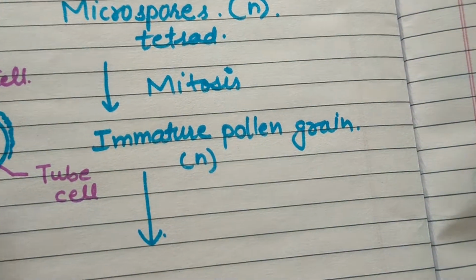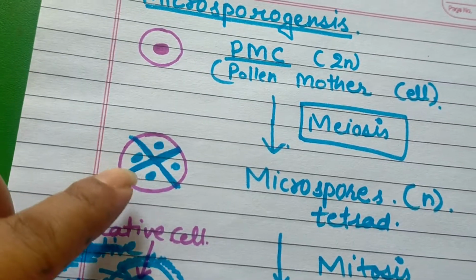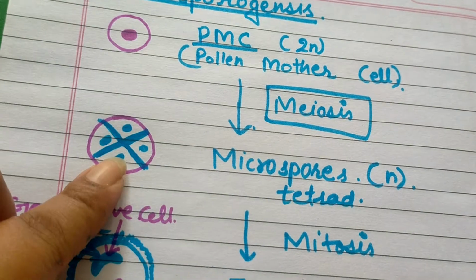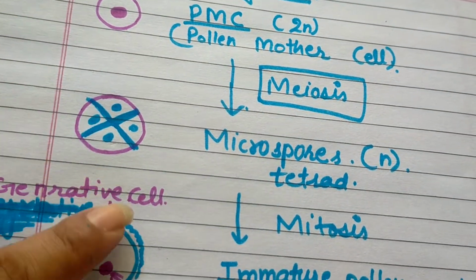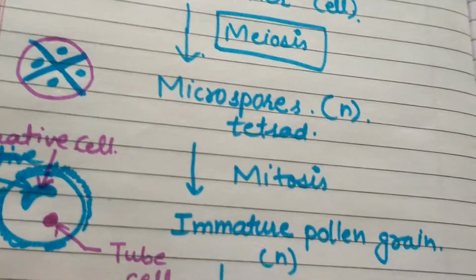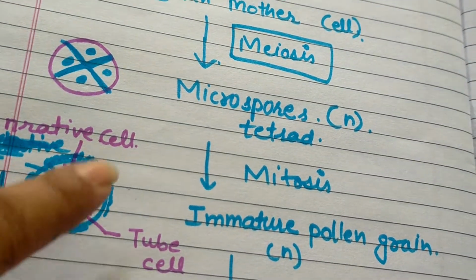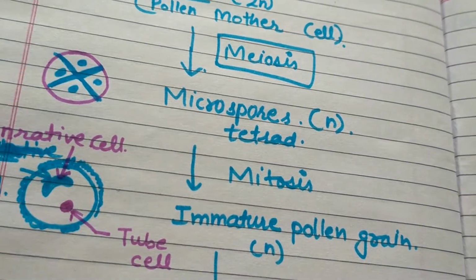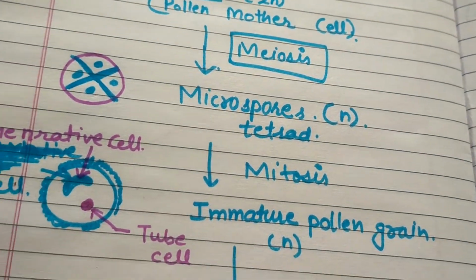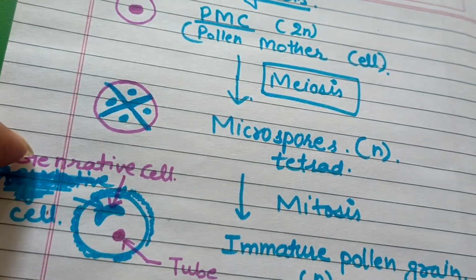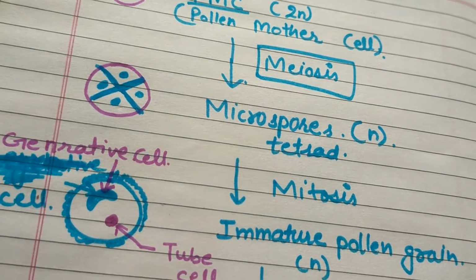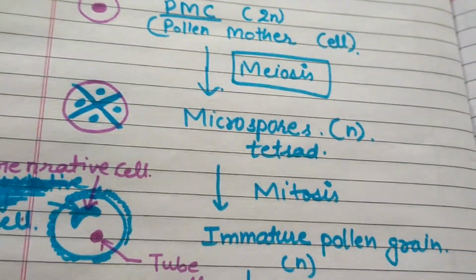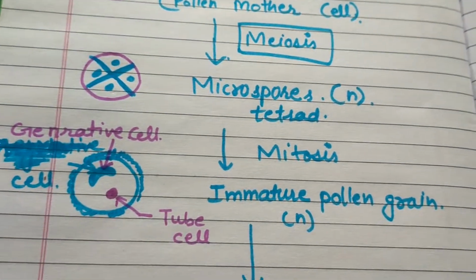What happens actually is that in each cell of the microspore, the nucleus undergoes division and forms a generative cell and a tube cell. So two cells are there in this immature pollen grain. After that, the generative cell divides again by mitosis and produces two more cells, and these are called male gametes.